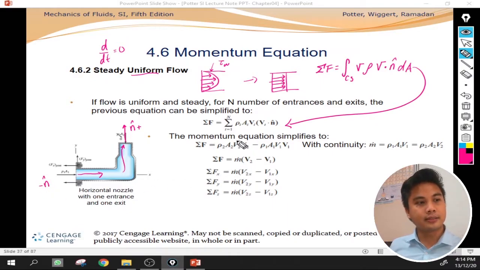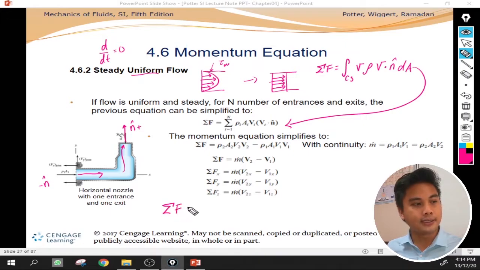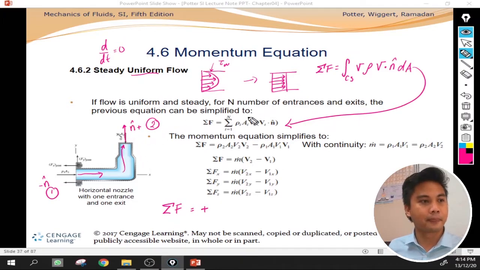So when we try to substitute into this equation, summation of force equal to, for example, we take this as point number 2 and point number 1. Point number 2 first is positive, because the n is pointing outward from the control volume.